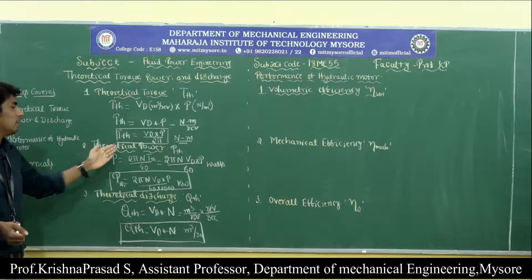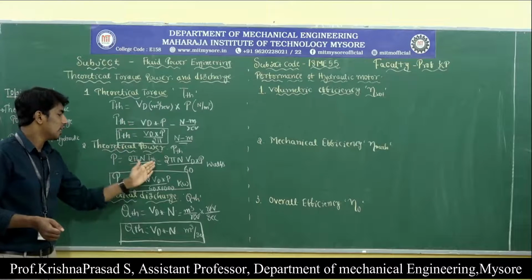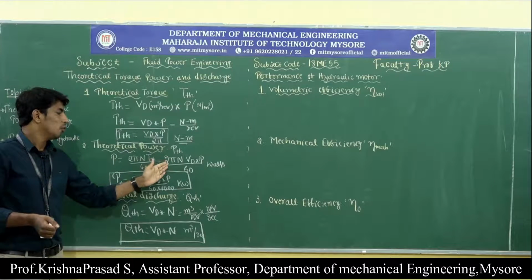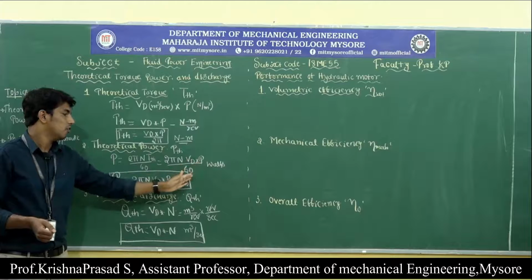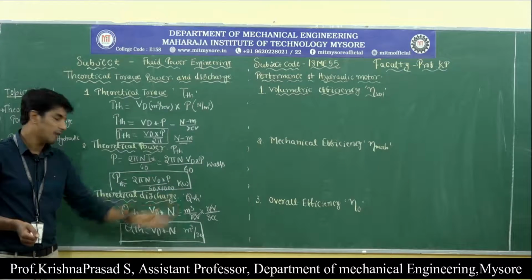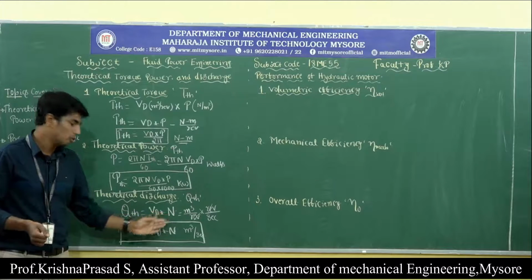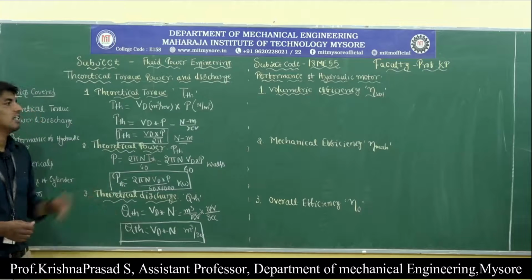Then theoretical power is equal to 2 pi NT by 60. Substituting the theoretical torque, 2 pi N Vd into P divided by 60, divided by 1000, in terms of kilowatts. Then theoretical discharge is equal to volumetric displacement into speed of the motor. This will give the theoretical discharge.